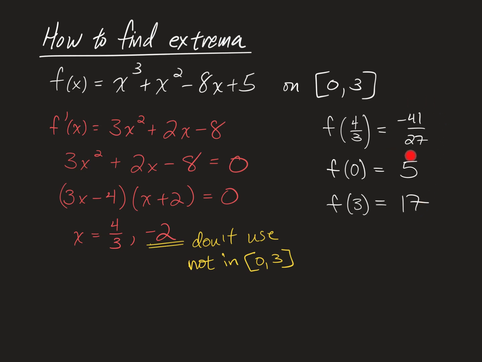So you can tell that this will be the smallest value, this will be the largest value, and so I'm just going to say it this time. The absolute min of f is -41 over 27 at x equals 4/3, and the absolute max of f is 17 at x equals 3.